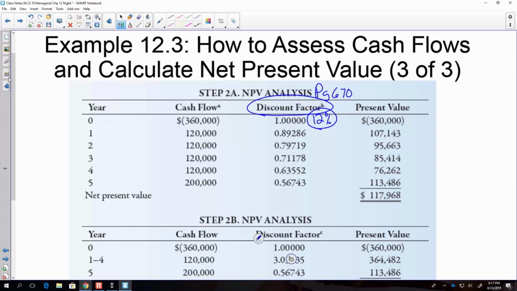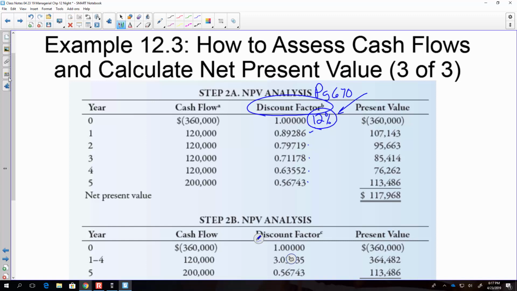Look at the column where it says 12%. Year 0 is obviously 1, right? That's the present year. Go to row number 1, which is year 1. Do you see the 0.89286? And then year 2 is 0.79719. Year 3, year 4, year 5. These are the numbers you should be seeing in that 12% column.